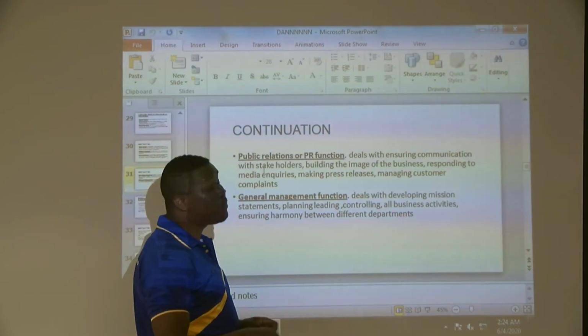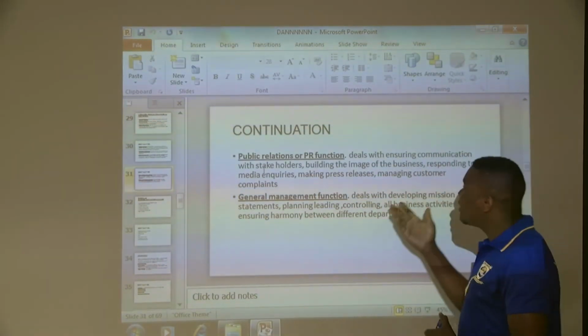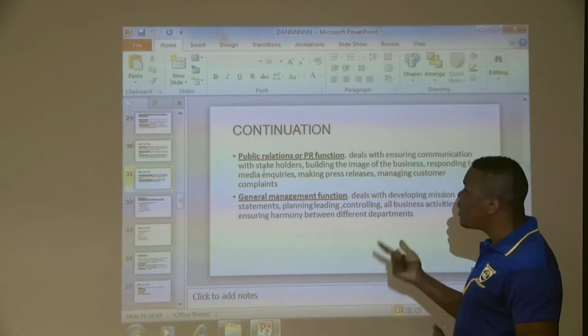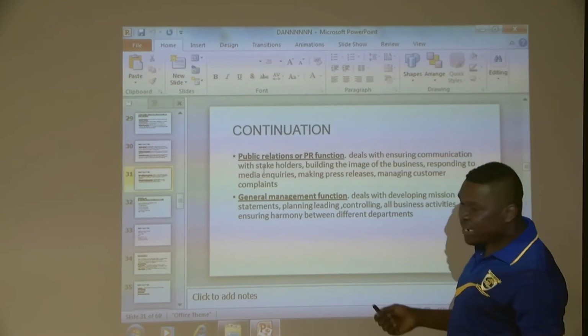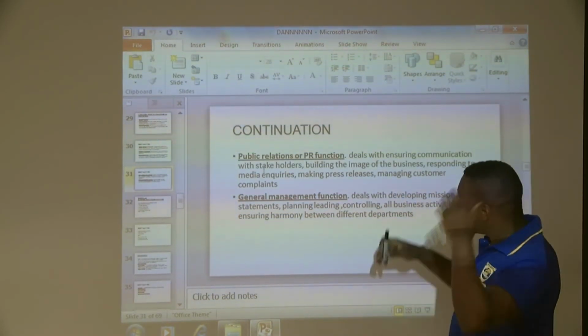You have to have that department because it is that particular department that deals with inquiries. Customers will be inquiring on products that they have received, either the products don't meet the standards, or the products are poorly packaged, and things like that.